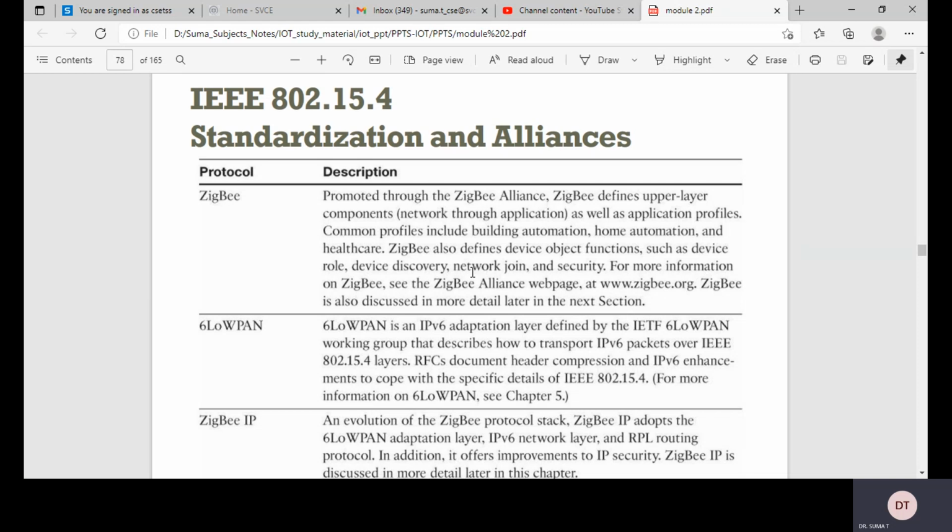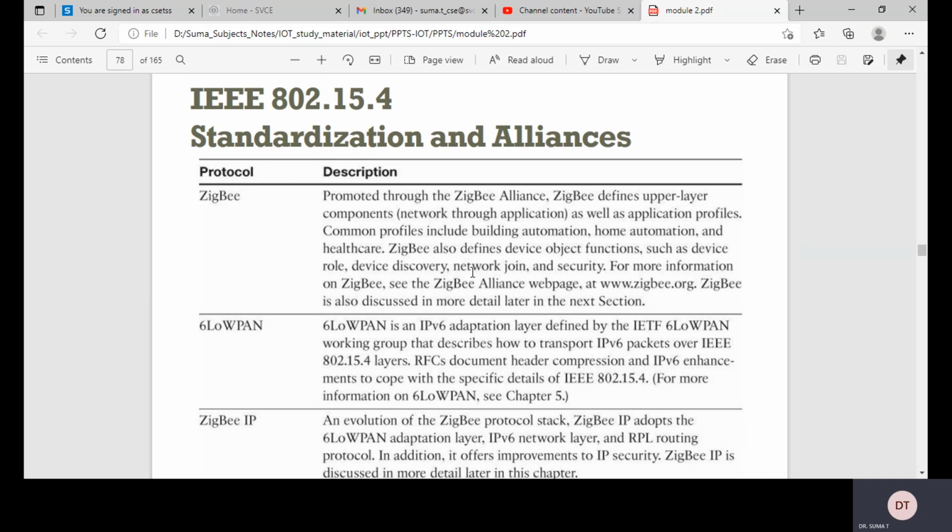This 6LoWPAN working group describes how to transport IPv6 packets over IEEE 802.15.4 layers, and RFCs document the compression and IPv6 enhancements to cover the specific details of IEEE 802.15.4.